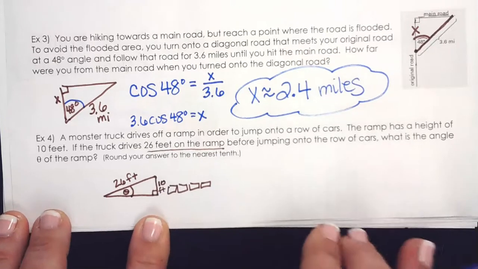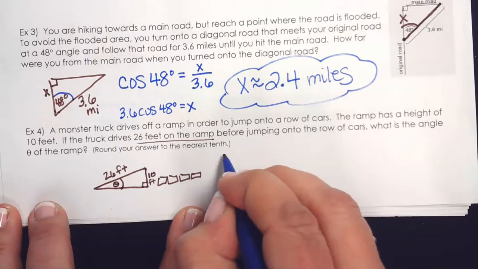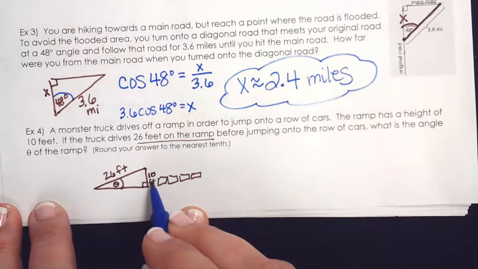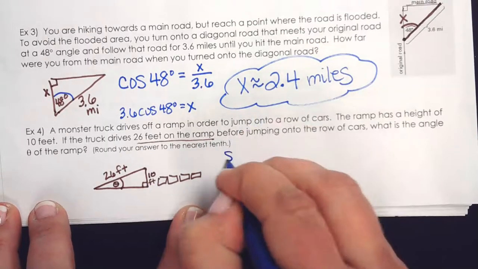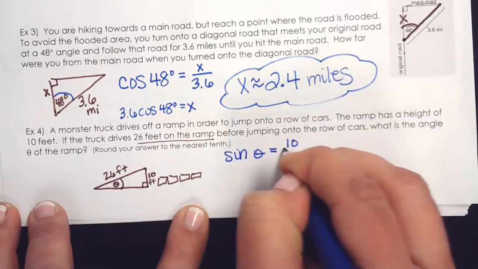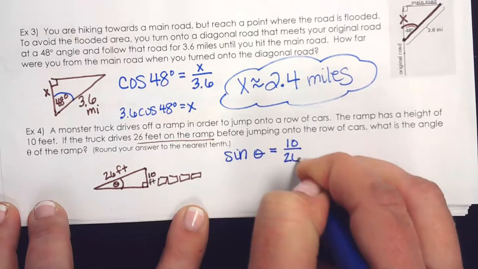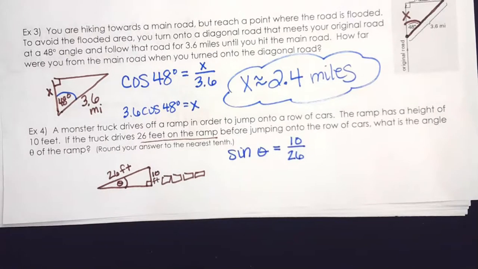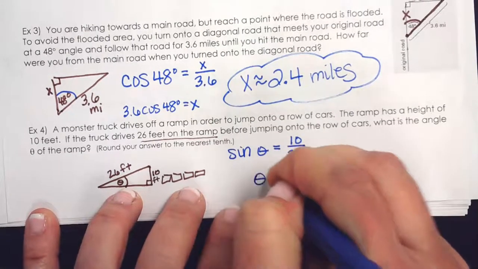So what trig function could we use there? For opposite, we're going to use sine. Sine of theta equals my opposite over my hypotenuse. Now our goal is to get theta by itself, so what do I have to use? Inverse sine.